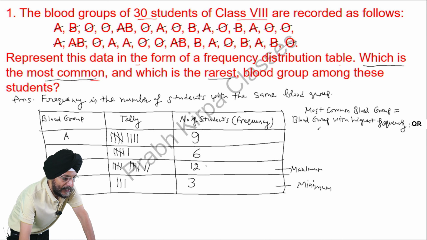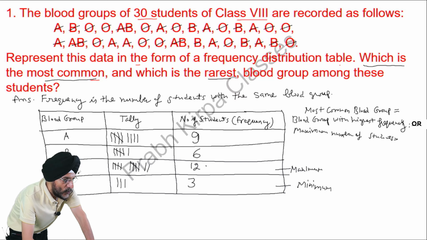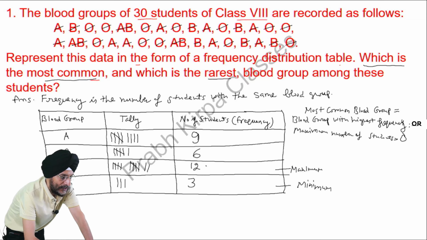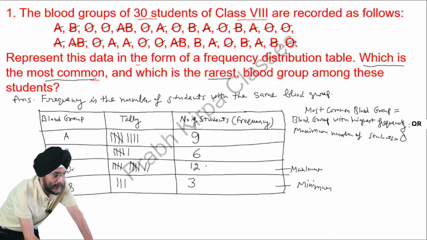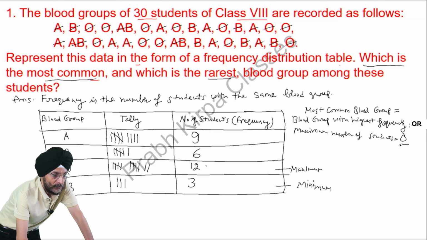Or we can also say the maximum number of students is equal to the most common blood group, which is O. The maximum number of students are present in respect of blood group O. This is the most common blood group, O.